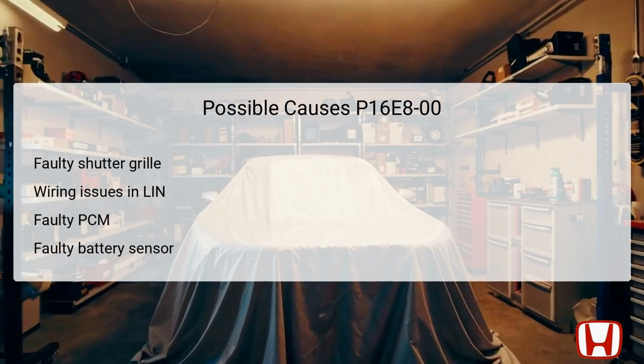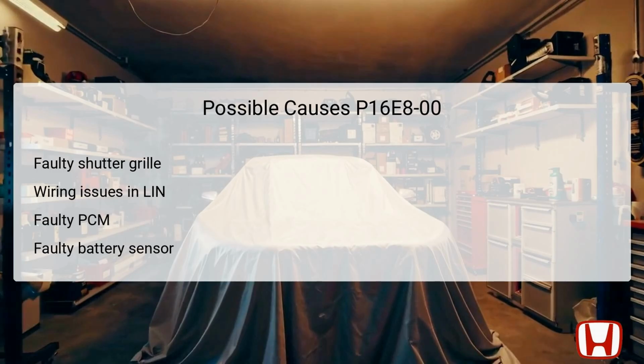Several potential causes can lead to the P16E8-00 DTC to trigger. A faulty shutter grille may prevent it from sending correct signals to the PCM. Wiring issues within the LIN communication network are also a common culprit, which may include pinched wires or poor connections.